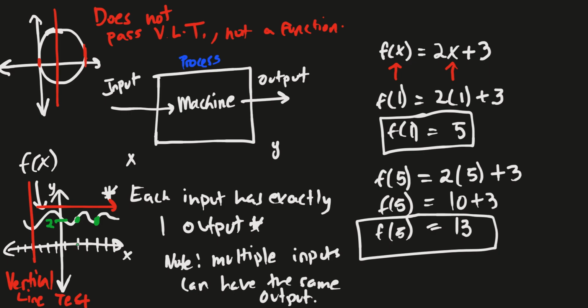Since both of them produce 2 as an output, this doesn't affect the fact that this is still a function. It can be the case that multiple x values produce the same f of x value, and that's fine. So basically, multiple inputs can produce the same output. That's fine, because those x values, when processed with the machine, can yield the same result, and that's completely fine.